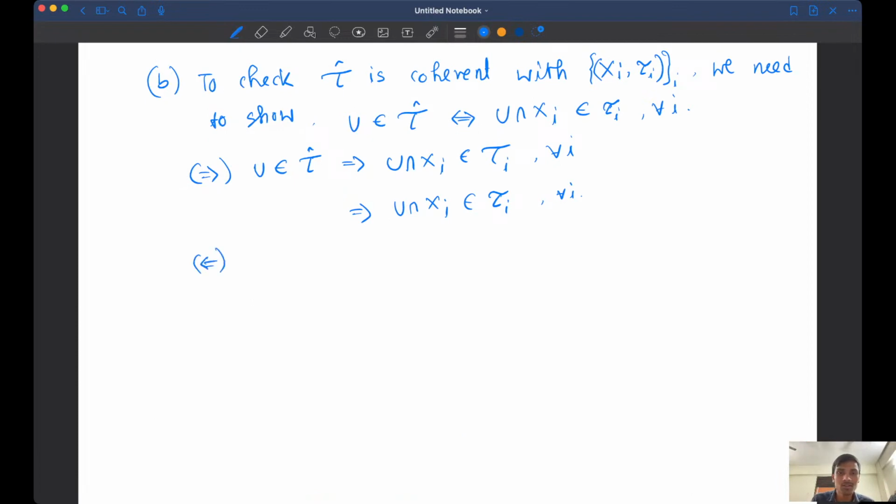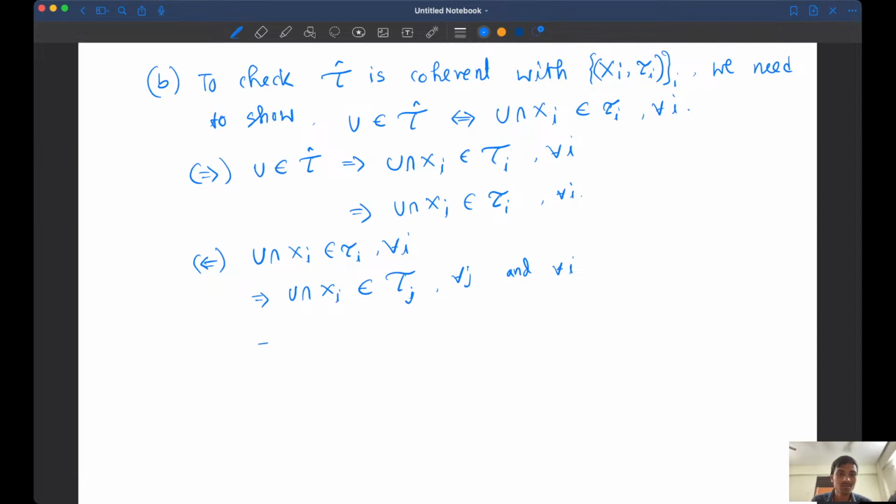Now the other direction will also follow. If I start with u intersection xi belongs to small tau I for all I, then this will imply that u intersection xi belongs to capital tau j for all j, and for all I as well.